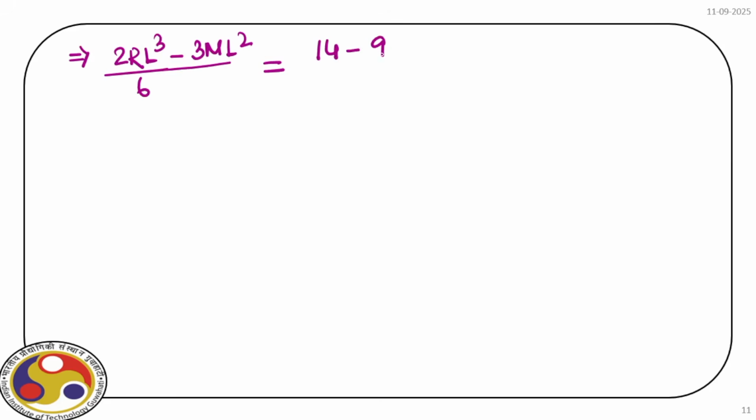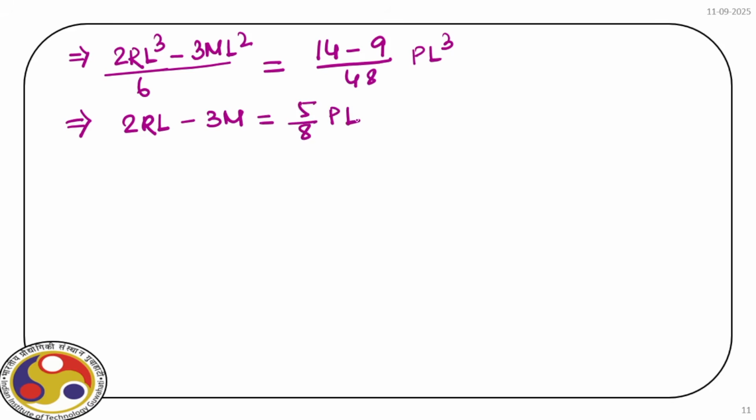So we'll have 14 minus 9 divided by 48 and then PL cube. So effectively we get the first equation. We have two unknowns R and M. So we have twice RL minus thrice M is equal to 5 by 8 PL. So that is the first equation.